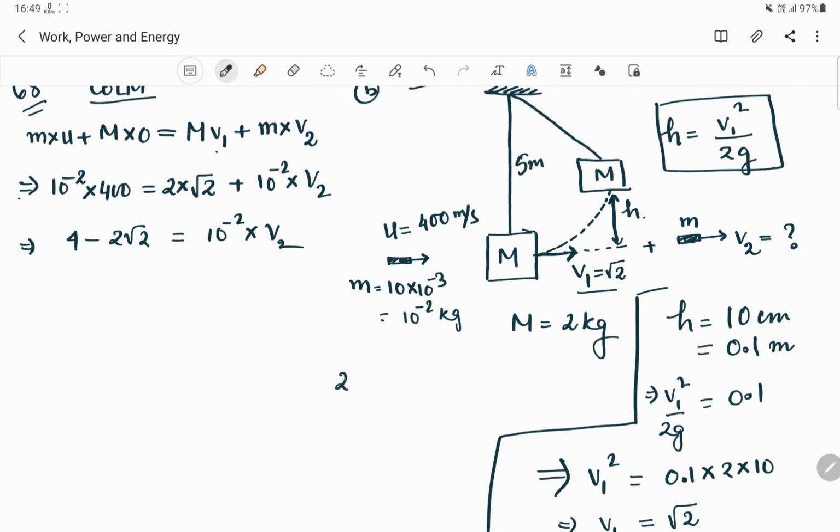And here we know that 2 into 1.414 is 2.828.